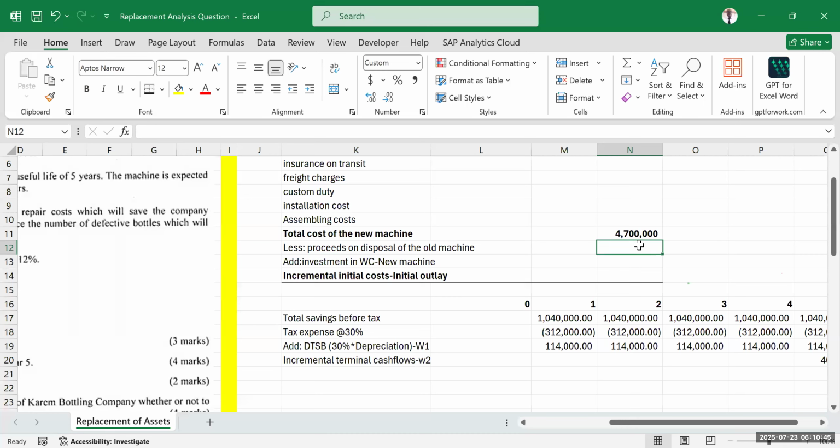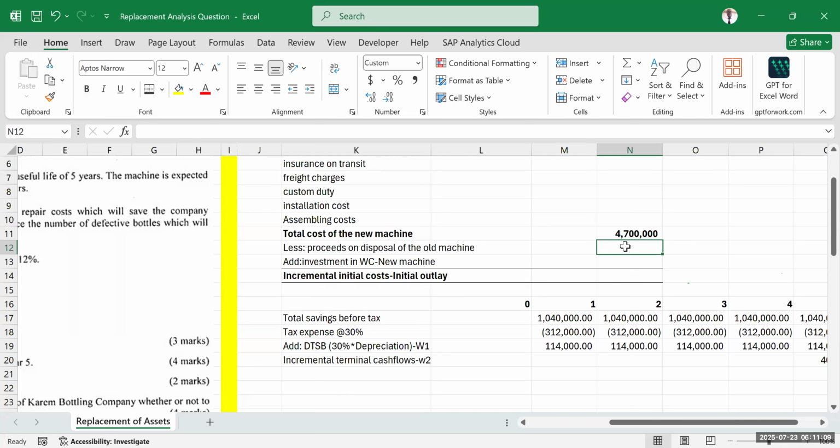Whatever we get when we sell that old machine, we will deduct from the cost of buying the new machine. Why? We are looking at incremental initial cost. When you get this money, and yet you are supposed to spend 4.7, how much have you spent? You've spent the difference. And that's what we are looking at.